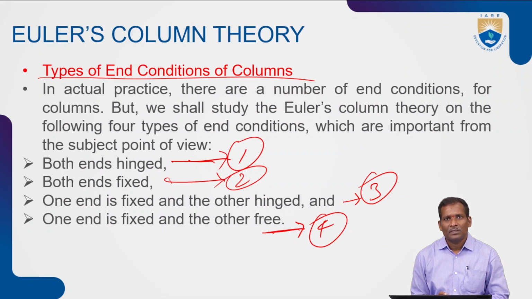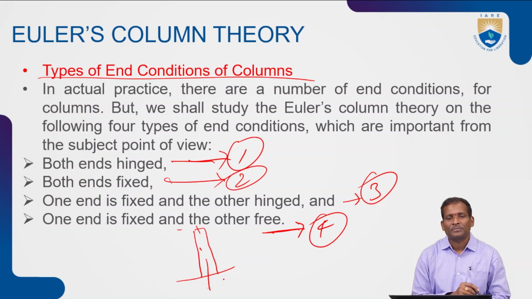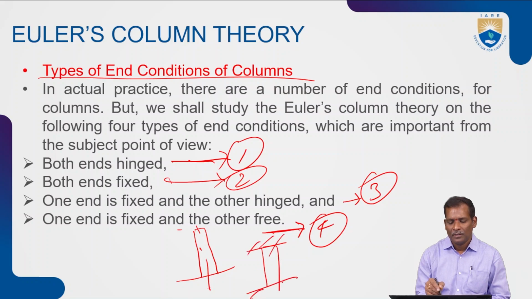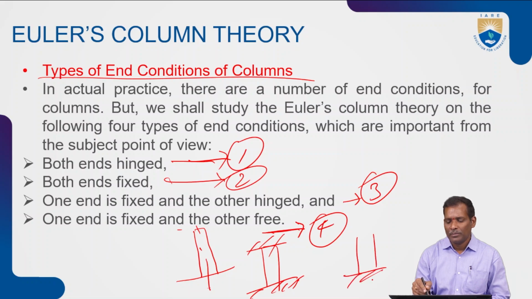In this, the first one is both ends hinged. Both ends hinged means, suppose you take one column, the ends are hinged here, not fixed. Then both ends fixed. Then one end is fixed, other end is hinged: the bottom end is fixed, the other end is hinged.